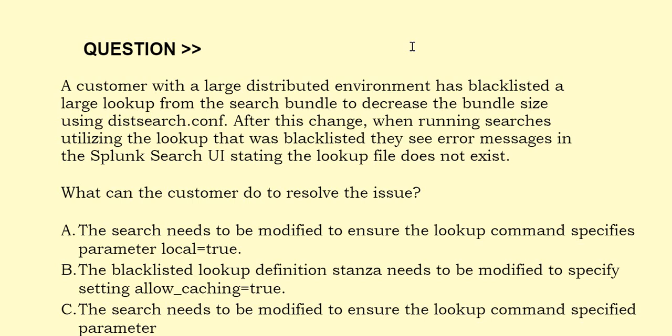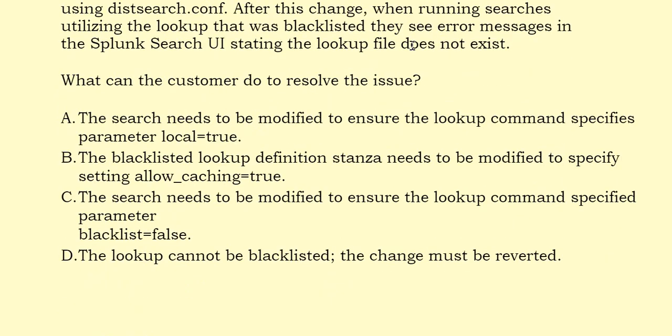Option A, the search needs to be modified to ensure the lookup command specifies the parameter local=true. Option B, the blacklisted lookup definition stanza needs to be modified to specify the setting allow_caching=true.